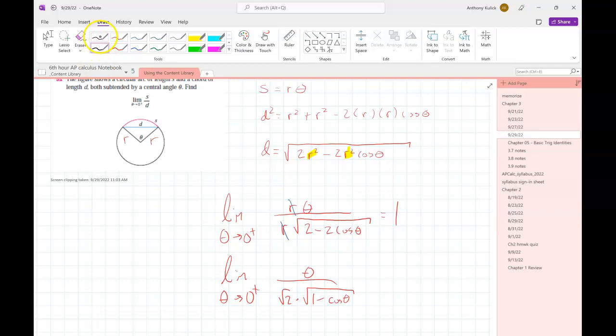So just to show you what the textbook solution was, they made the angle bisector here. And since that's an isosceles triangle, that piece becomes d over 2. So we can say that sine of theta over 2 is equal to opposite over hypotenuse.